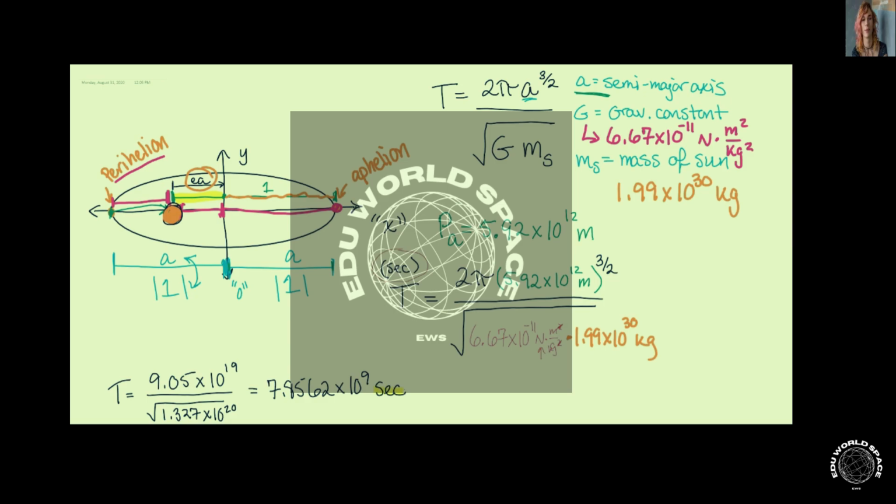Notice how this is in seconds. Typically, we don't talk about orbits in seconds, we talk about orbits in years. So we need to convert from seconds to years. I like to convert from seconds to minutes first. You have 60 seconds in 1 minute, so you knock out your units, and that ends up being 1.3093 times 10 to the 8th minutes.